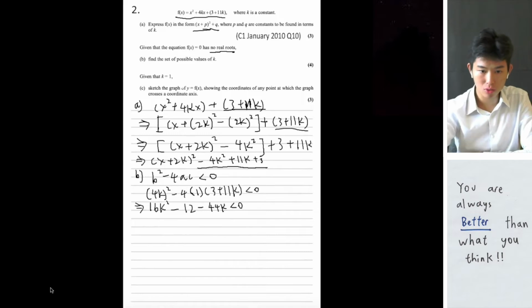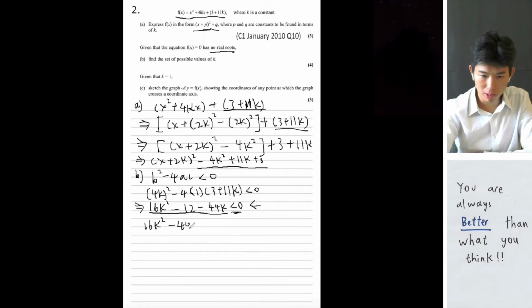And next step we have to do is to find the critical values of k. So what I'm doing now is to assume that this equation would be equal to 0 first. I will ignore the inequality for a while. 16k squared minus 44k minus 12 equals 0.